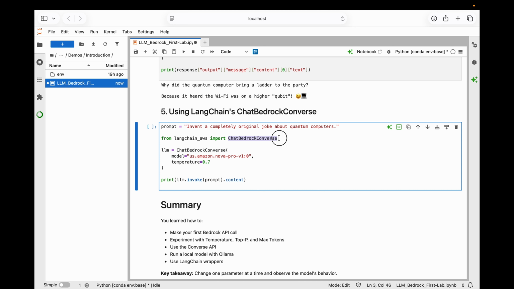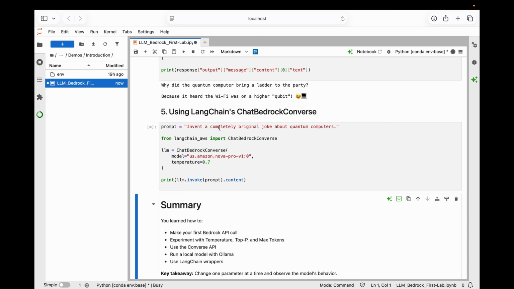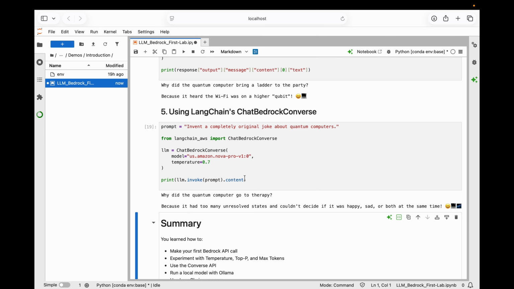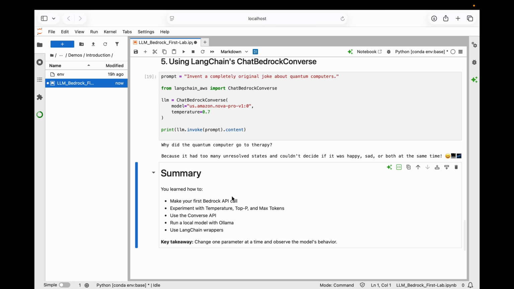It does exactly the same thing as previous API calls, but with a different syntax. So this was a quick demo of how you can make an LLM call from your code. Depending upon the model provider of your choice, you may choose a different SDK, but the components of the LLM call remain the same.